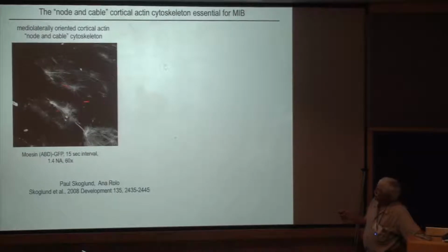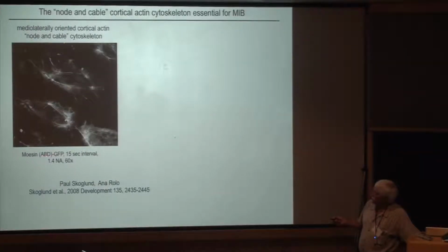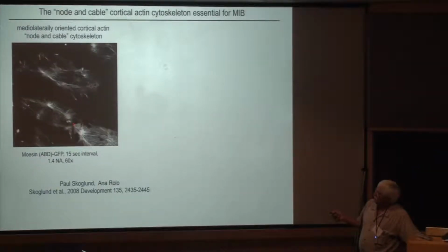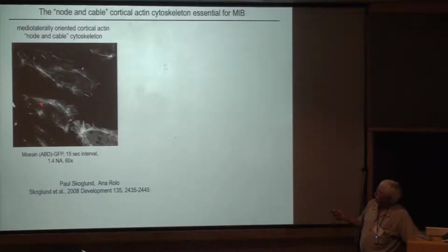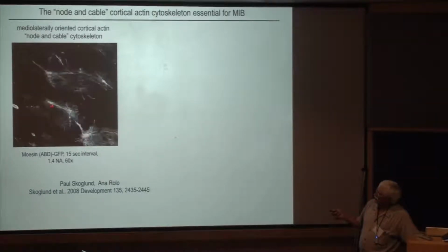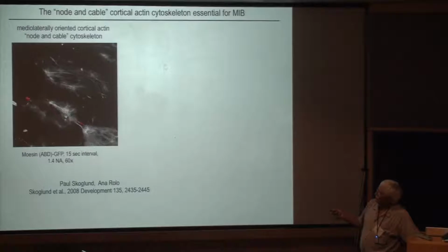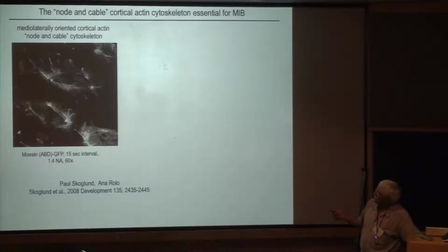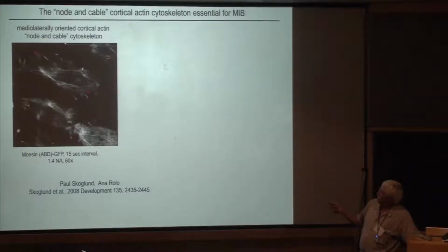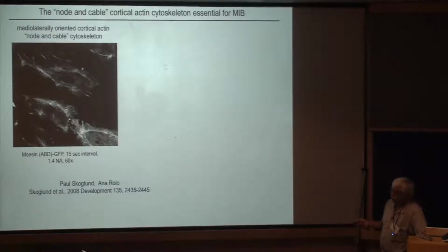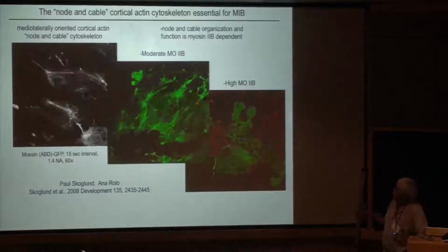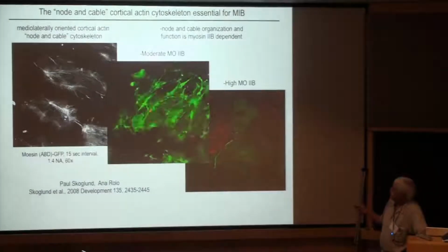And if you look at the cytoskeleton normally imaged with Moesin GFP, it forms this node and strut thing, a node and cable thing, that nodes move back and forth, and these cables contract and stretch in the mediolateral axis. And if you knock down myosin 2, it becomes stretchy-retchy.